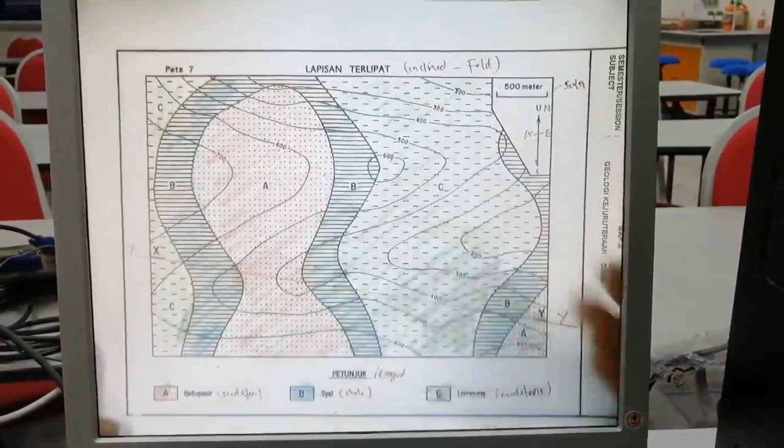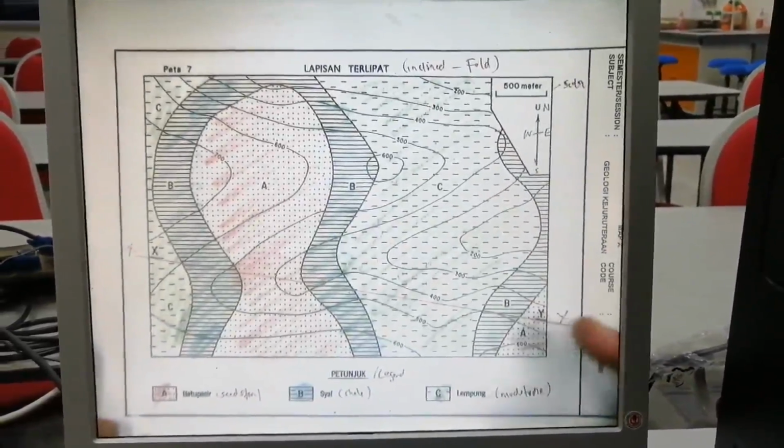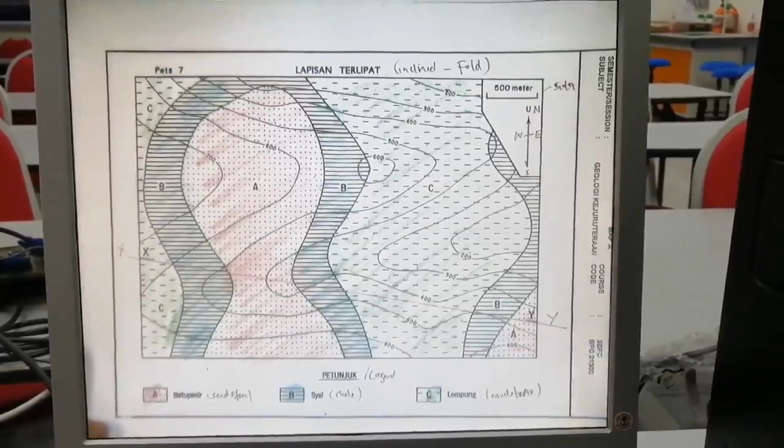This location is mudstone, shale again, and sandstone.